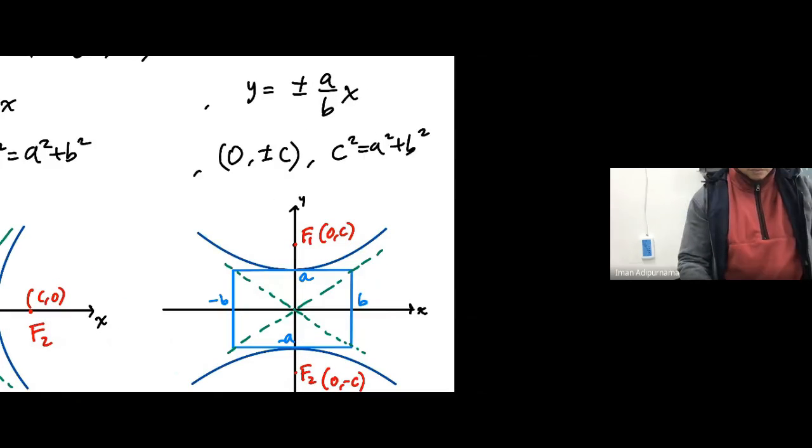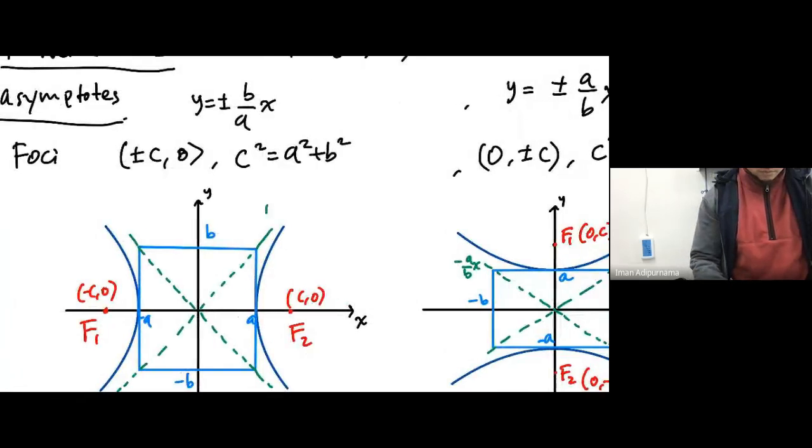And the asymptote will be A over B. And this one is B over A.